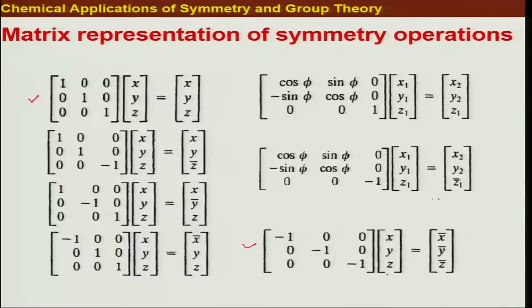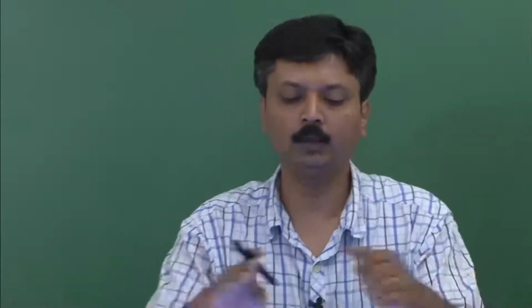So when it operates on this x, y, z column vector, we get a column vector for which all x, y and z coordinates are inverted, that is they have minus signs, which is the signature of the inversion operation. So if you verify all of them, you can figure out that truly these matrix representations are capable of functioning just like the symmetry operators themselves. So they are an adequate representation for these symmetry operators.